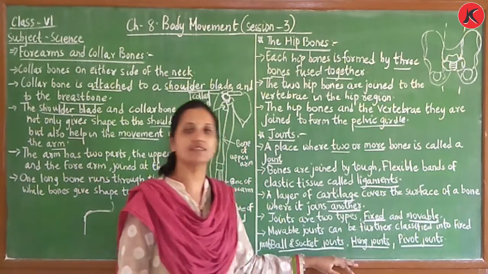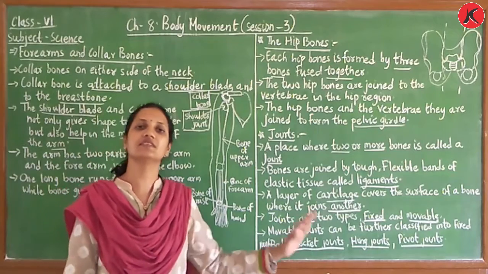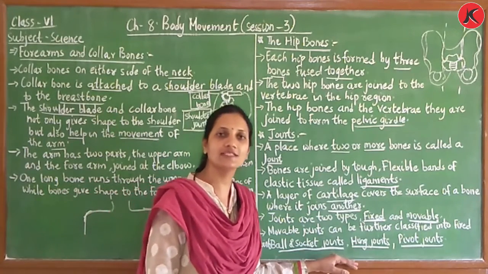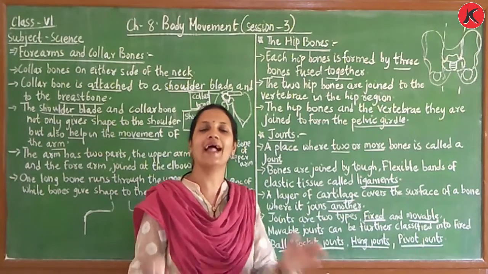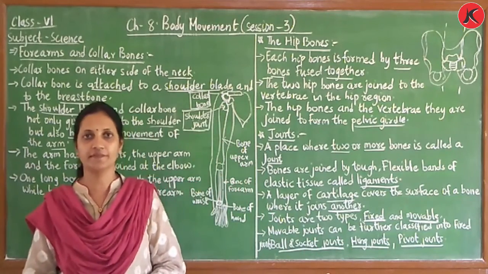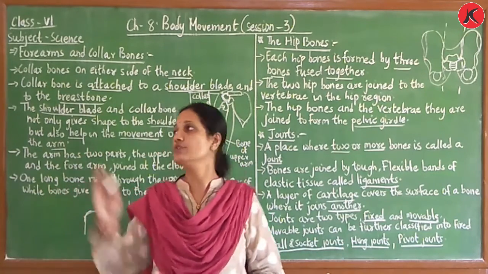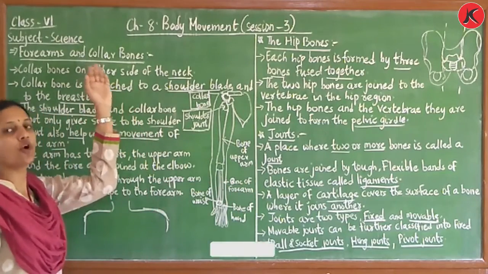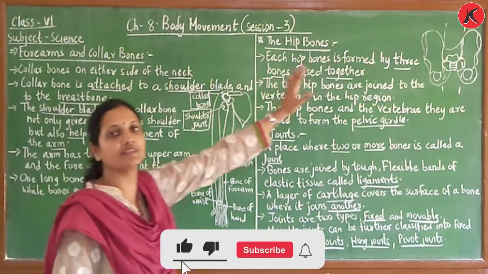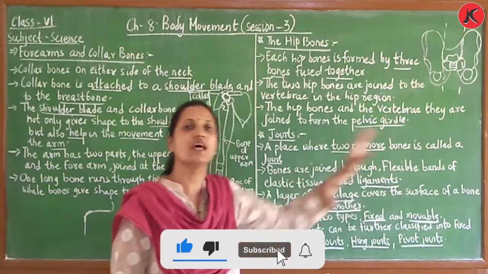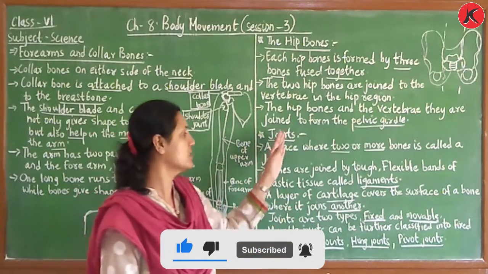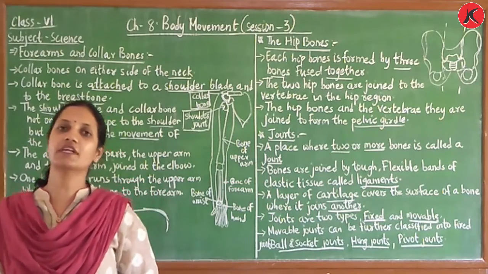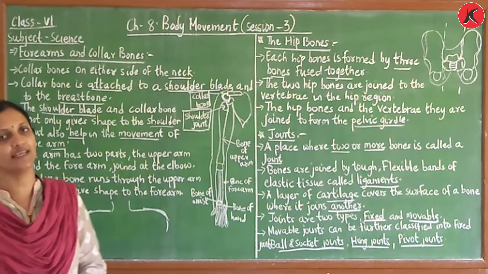After this session, children, we will discuss in detail hinge joint, ball and socket joint, pivot joint and fixed joint. Right children? So today we have discussed forearms and collar bones, then the hip bones, and then we have seen joints. In the next session we will continue with the different types of movable joints in detail.